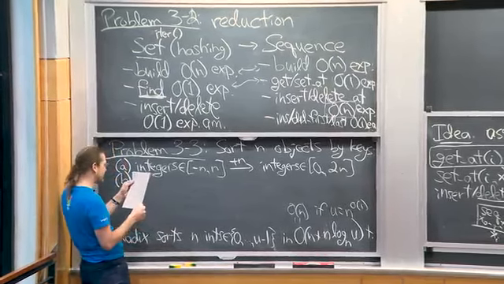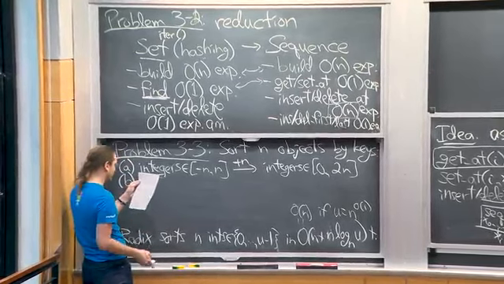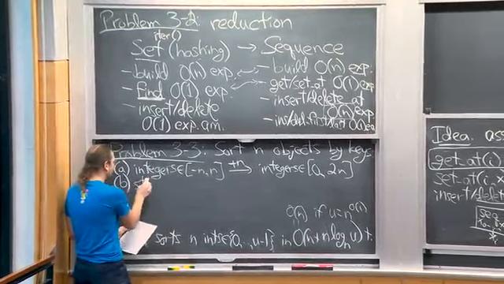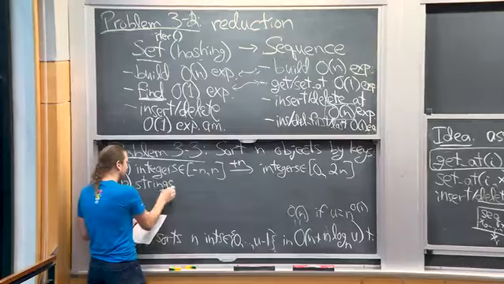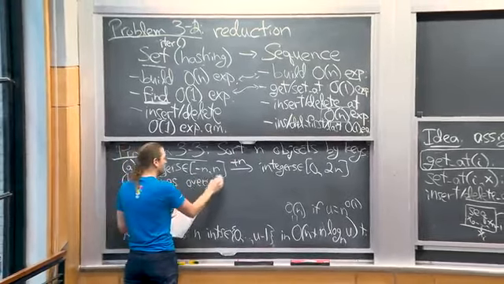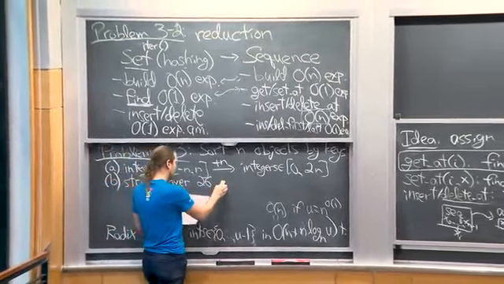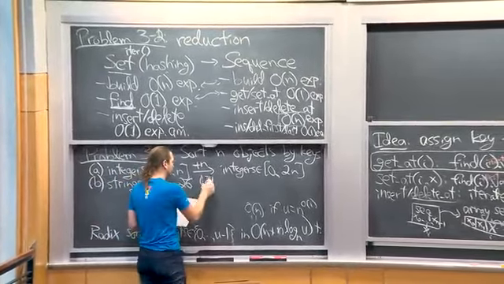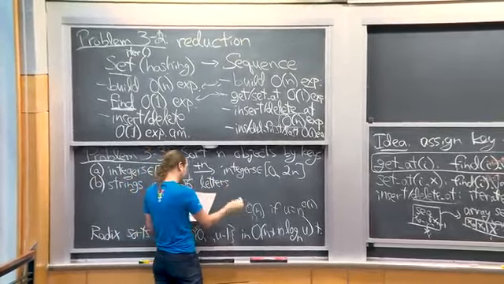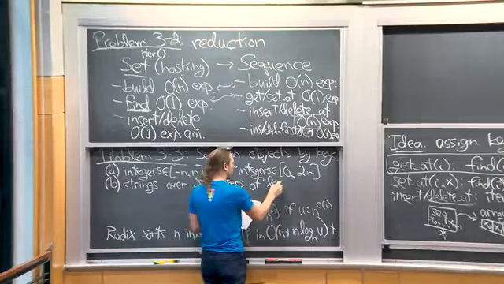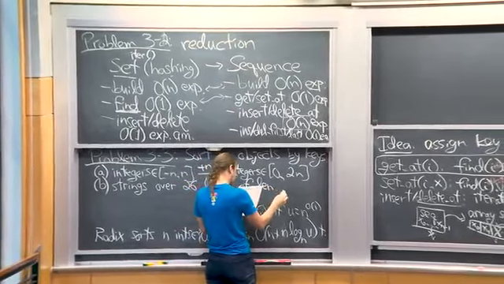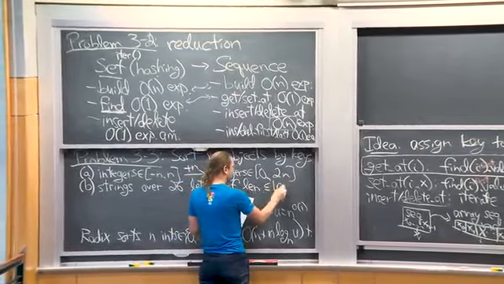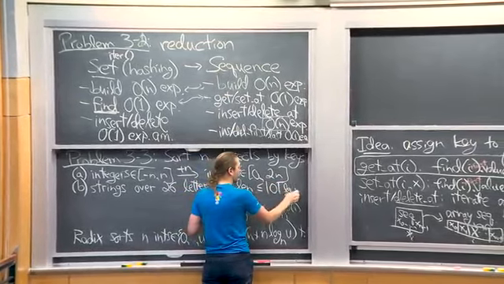All right, part B is a little more interesting. So we have strings over 26 letters of length at most 10 ceiling log n.